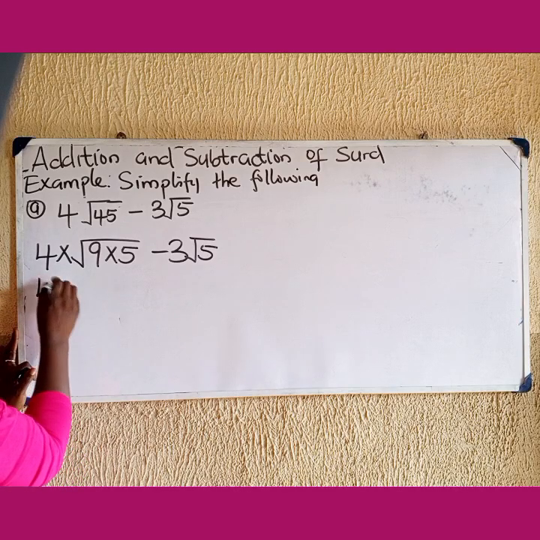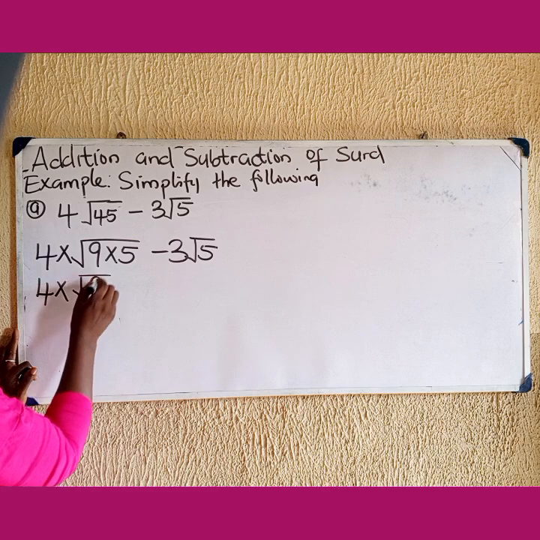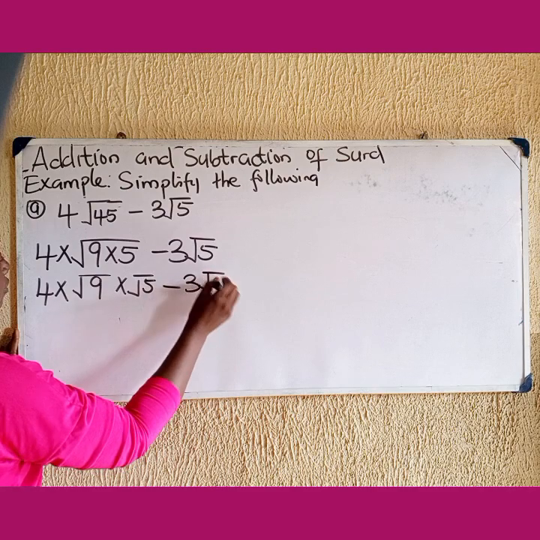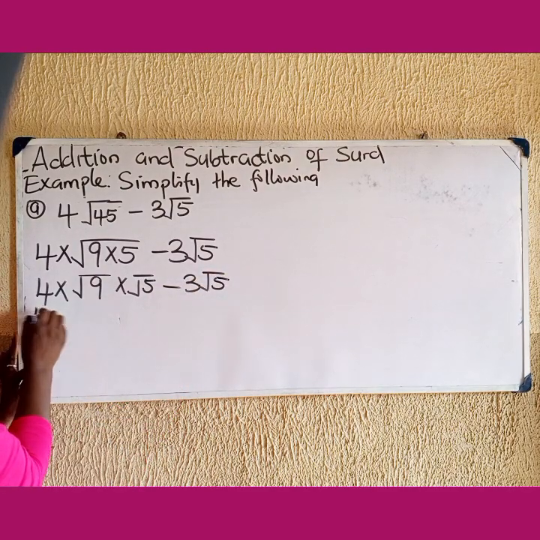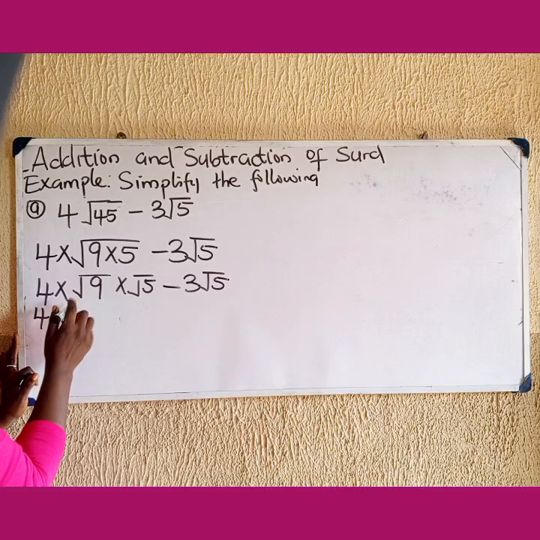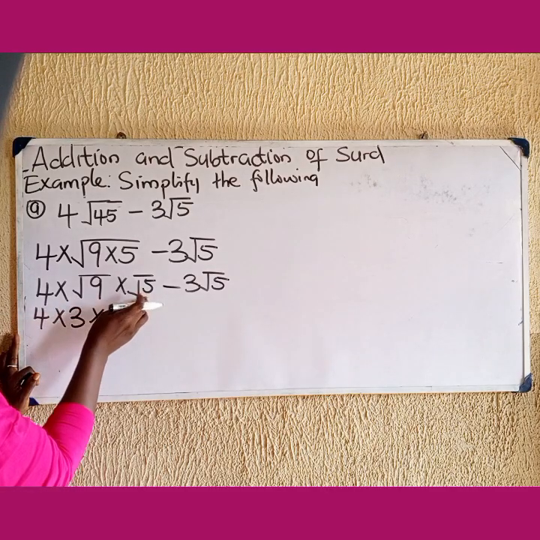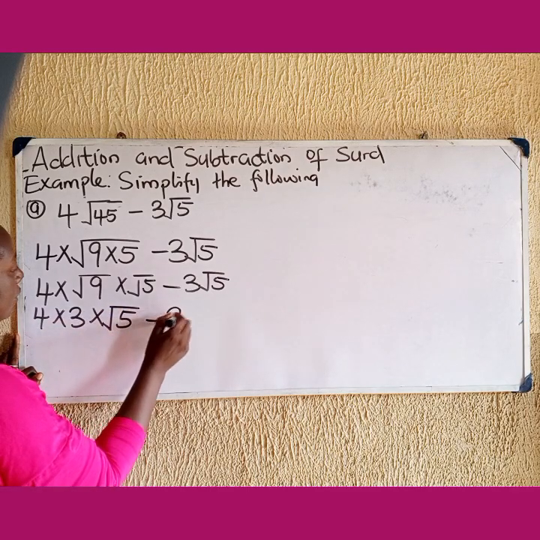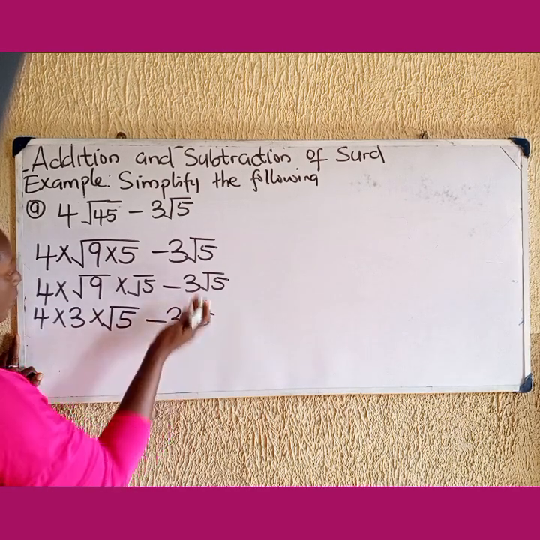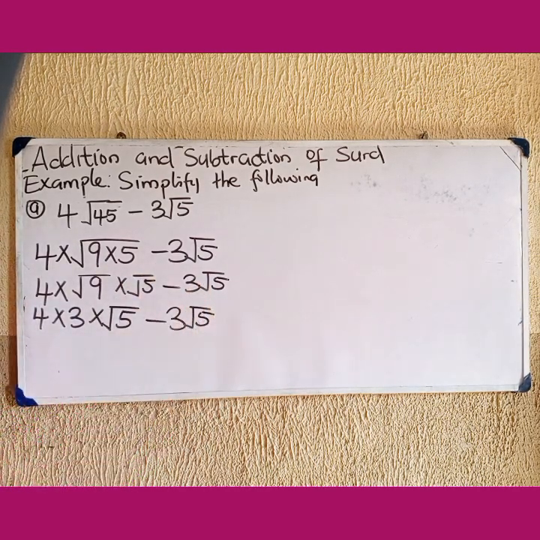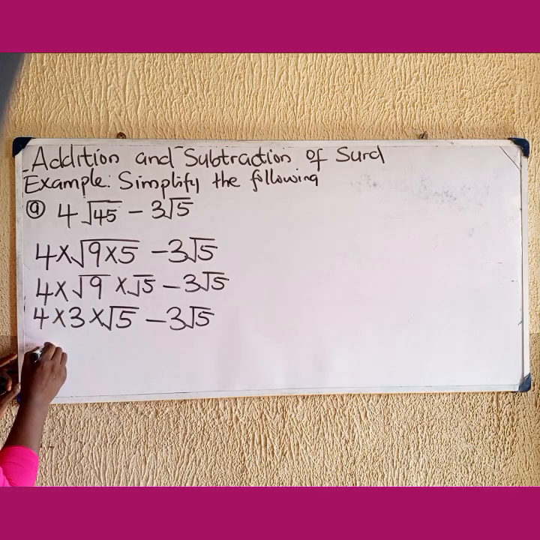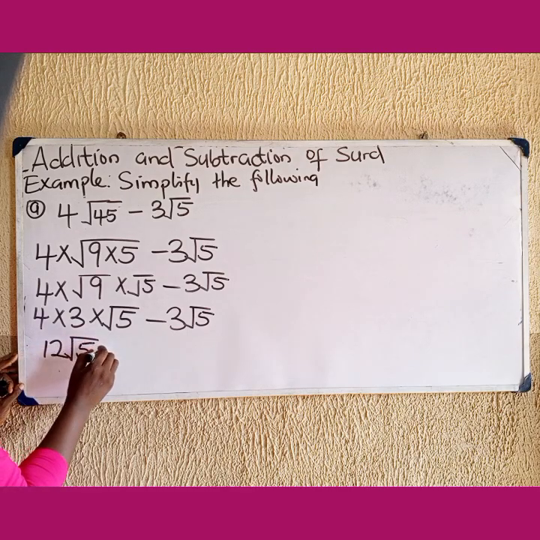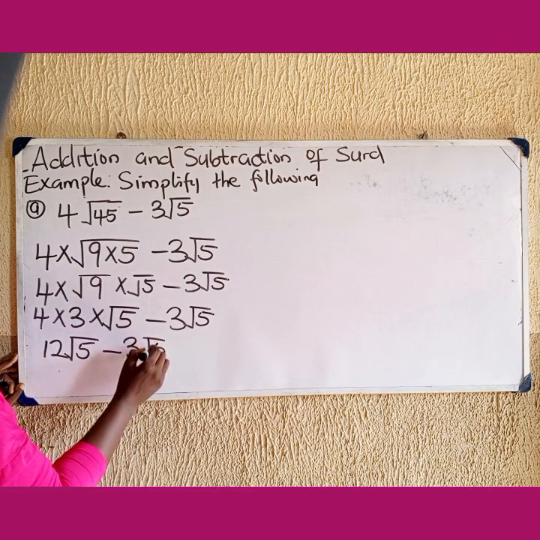Now I'm going to separate them: 4 times root 9 times root 5 minus 3 root 5. 4 times square root of 9 will give me 4 times 3. This one does not have a whole number as square root, so I'll bring it down, minus 3 root 5. In this place, there's nothing to simplify again. Now 4 times 3 will give me 12. And 12 times root 5 will give me 12 root 5 minus 3 root 5.